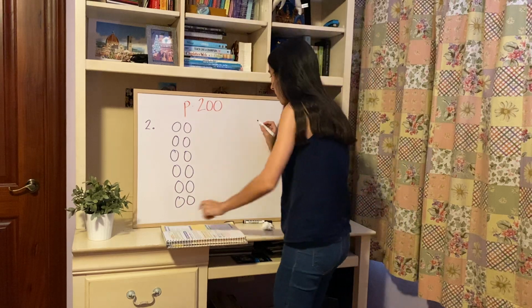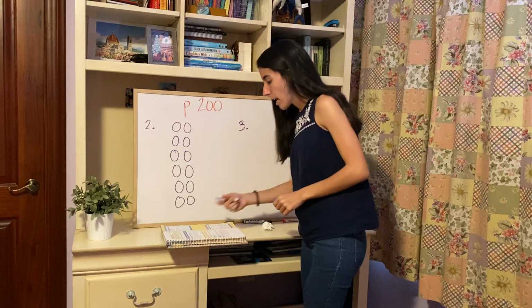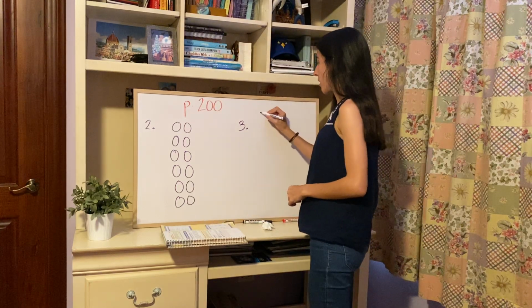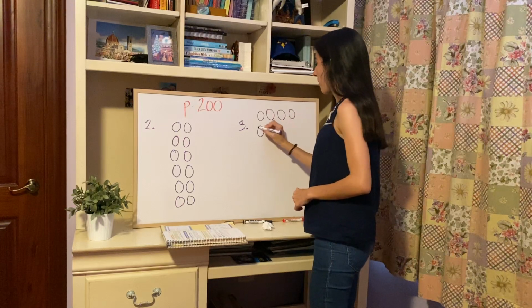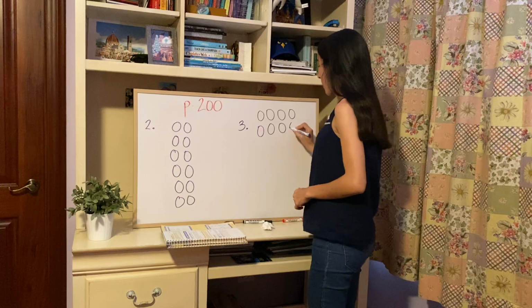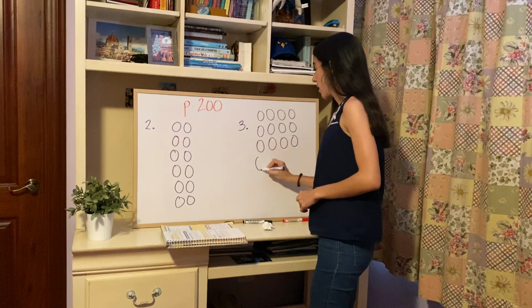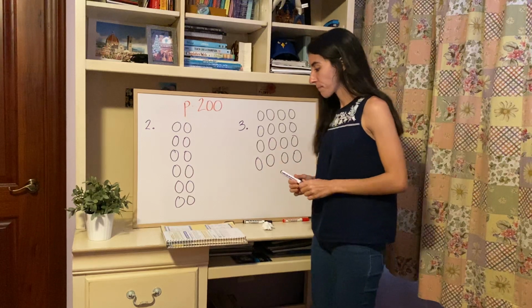Then I'm also going to draw number 3 on the board for you so that you can use it to count. It says 4 people share 16 pennies. So I will draw 16 pennies. 1, 2, 3, 4, 5, 6, 7, 8, 9, 10, 11, 12, 13, 14, 15, 16.